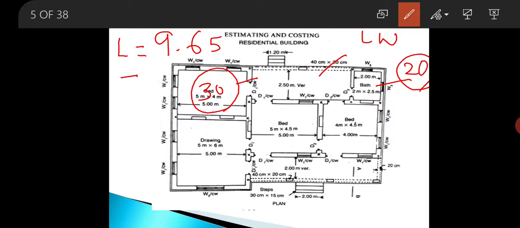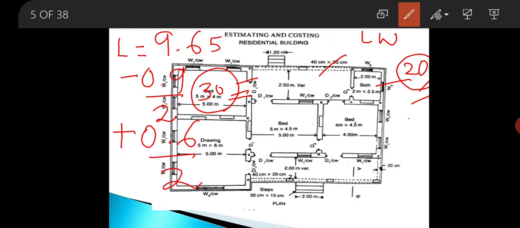From that we will subtract 0.9 by 2 for the 30 centimeter wall and add 0.6 by 2 for this 20 centimeter wall. So this is the total length. Then breadth will be 0.6.